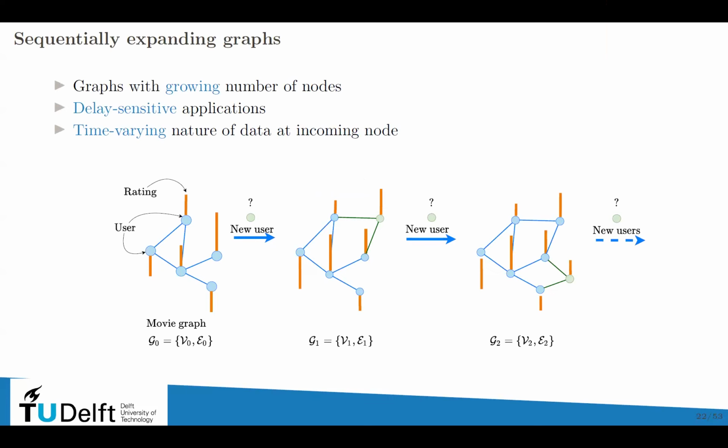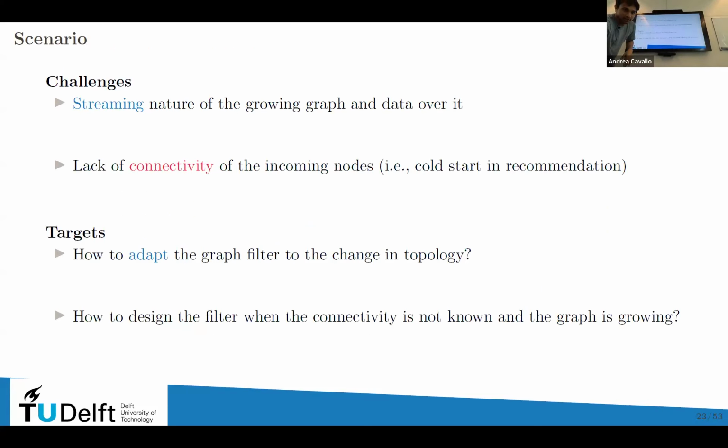Now we are getting into the time varying nature of data, and we also have delay sensitive applications. But most importantly, once a new node comes, it stays in the graph, so the graph is growing in size, right?